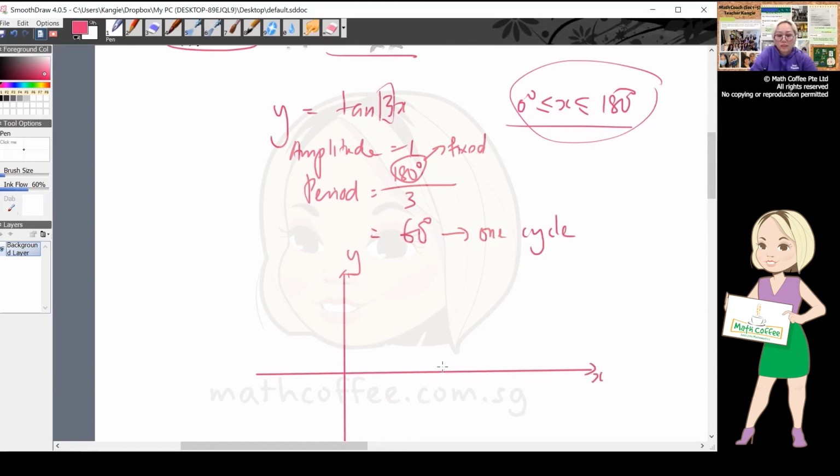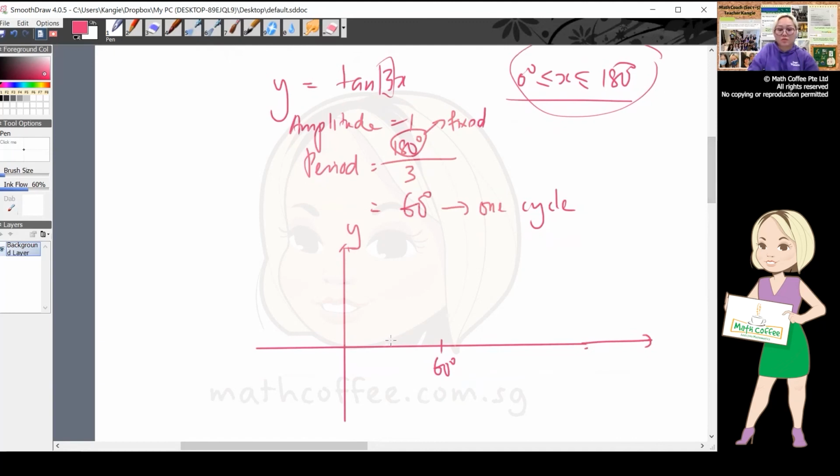Okay, I'm going to draw 60, because I need to draw 3 cycles later. So this is 60. Then remember, my asymptote is just half of 60. So draw 30 degree and draw the asymptote down.